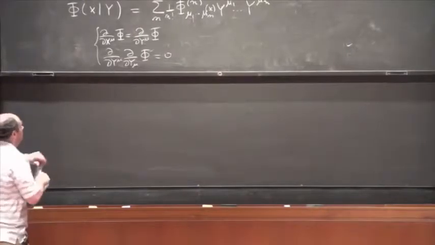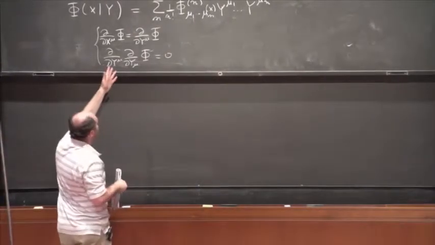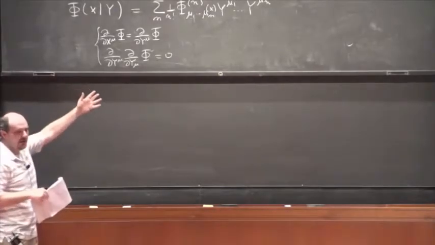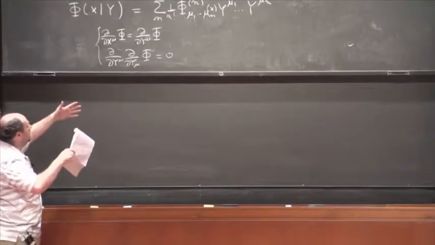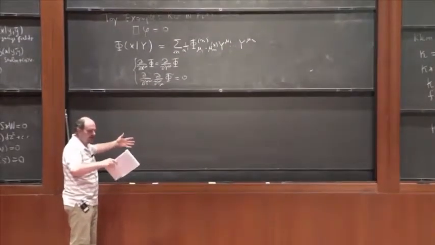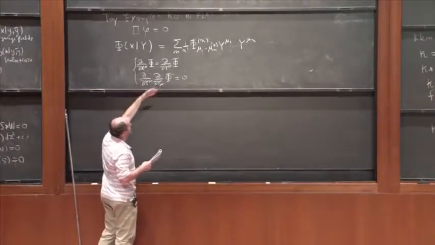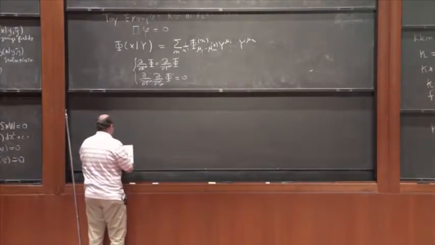So basically, this shows how you work with those types of equations. Once you have this type of equations, you expand in y's, and then you group equations in terms which have the same number of y's. So that will be a chain of equations for all those fields inside this big field. You start from the bottom one.